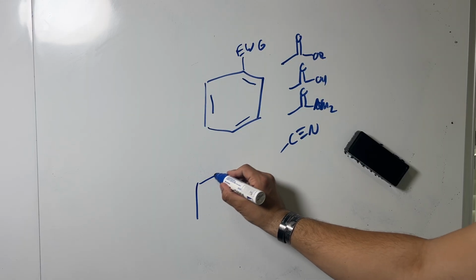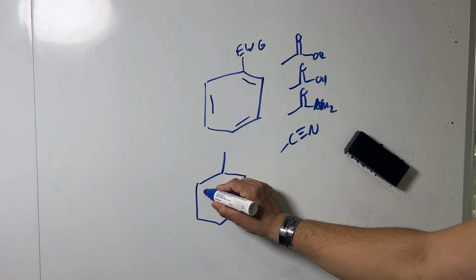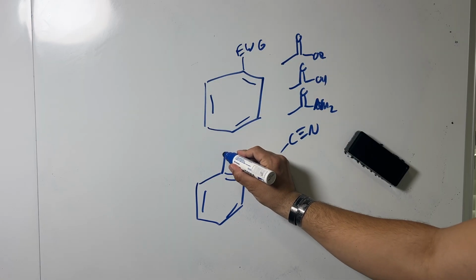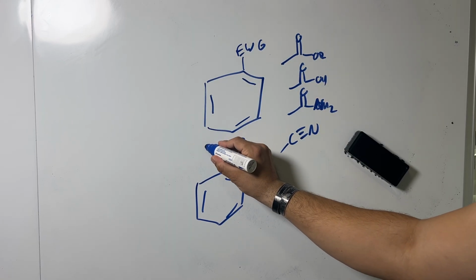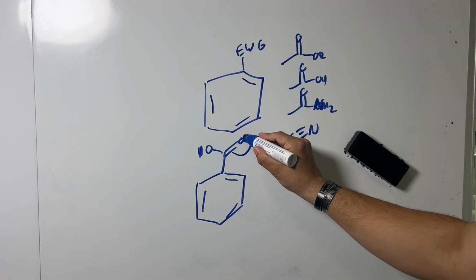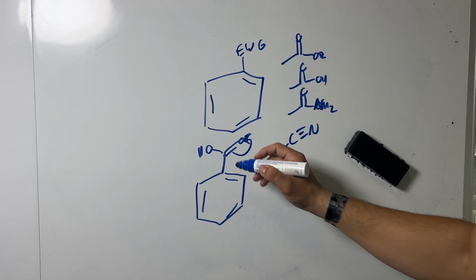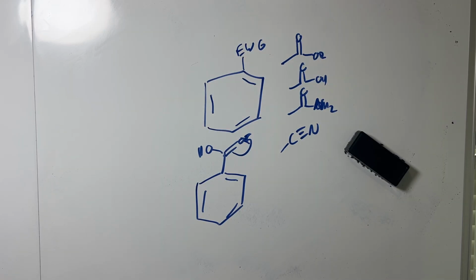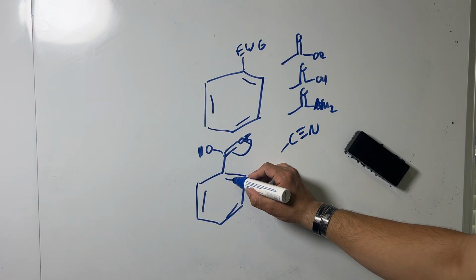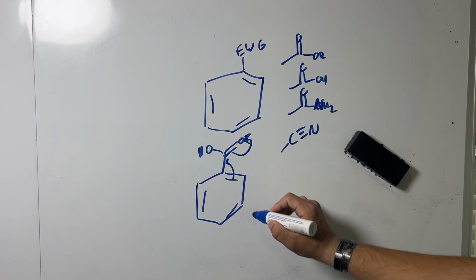So let's work this with, we'll do it with benzoic acid. It's easy. So we're going to pull electron density up into this ring. Okay, we're going to pull it up. We were like, give me that. Okay, we're going to pull electron density up, and then we're going to push it up here.